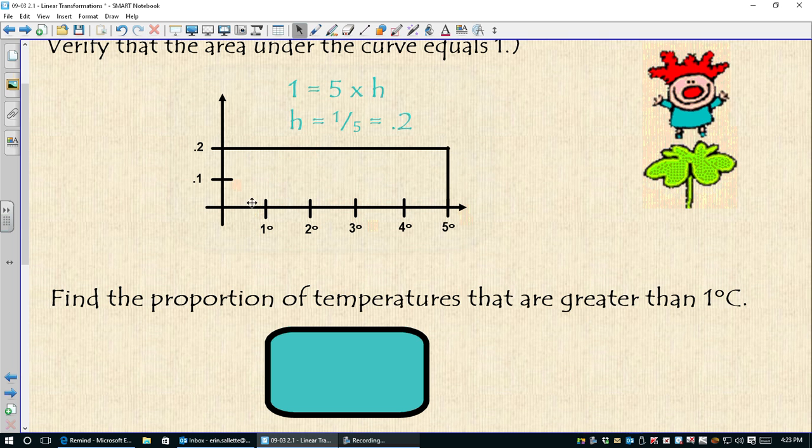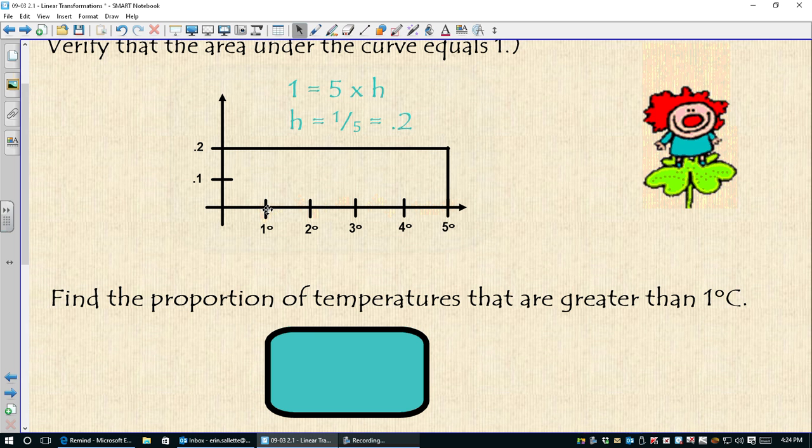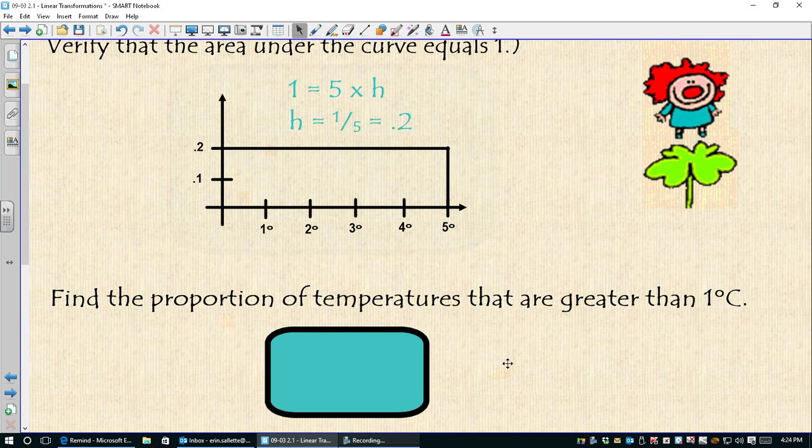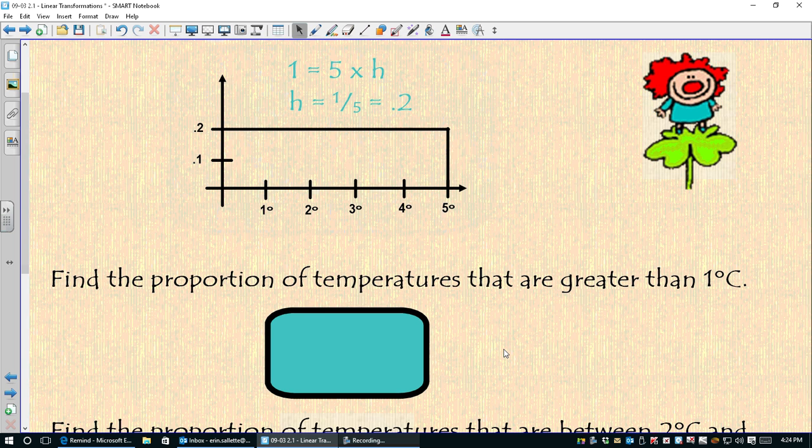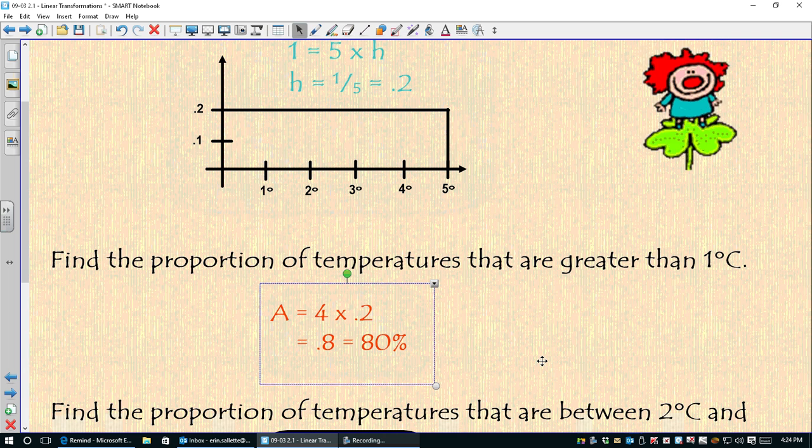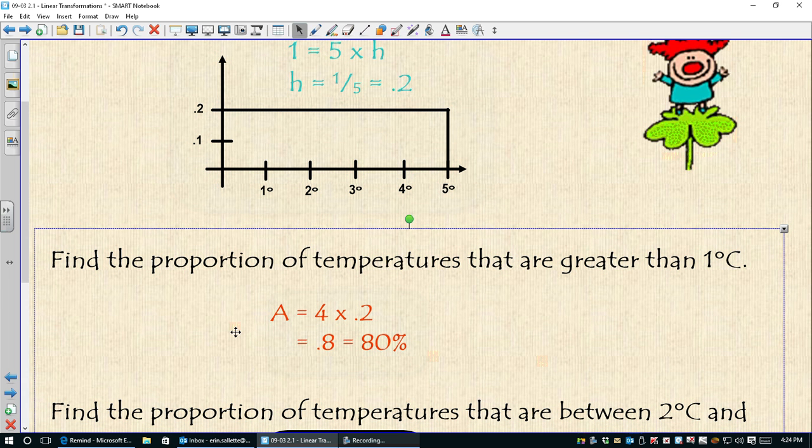So one of those 5 rectangles is missing from the area that is greater than 1. So I have 4 out of the 5 rectangles, 4/5, or 80%. Or I can take 1, 2, 3, 4 degrees and multiply it by the height of 0.2.